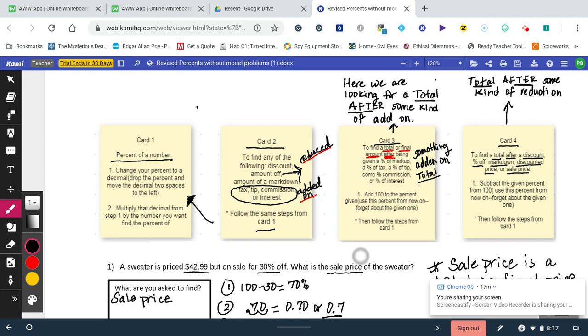So if exactly 42% of people like pizza, no more, no less, more than likely I'm going with card 1. Card 2 is excluded because it's not a discount. It's not an amount off. It's not a markdown. It's not a tax, tip, commission, or interest. So I know card 2 is excluded. That only leaves card 1. I'm looking for a percent of a number. So if you're looking for that exact percent of the number, then you use card 1.